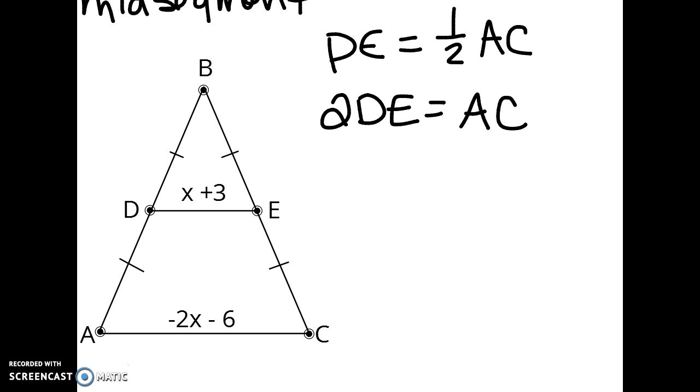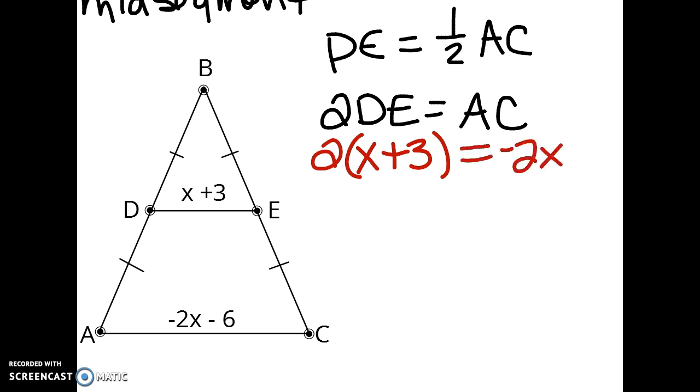So if DE is x plus 3, I can take 2 times x plus 3 and set that equal to negative 2x minus 6. Now I'm going to do a little algebra.